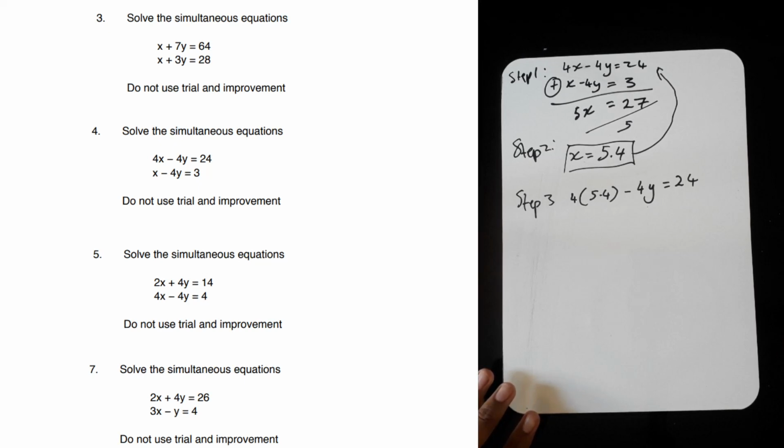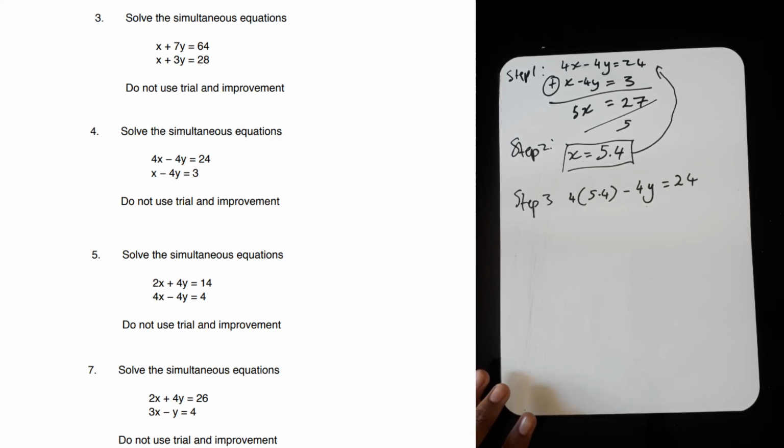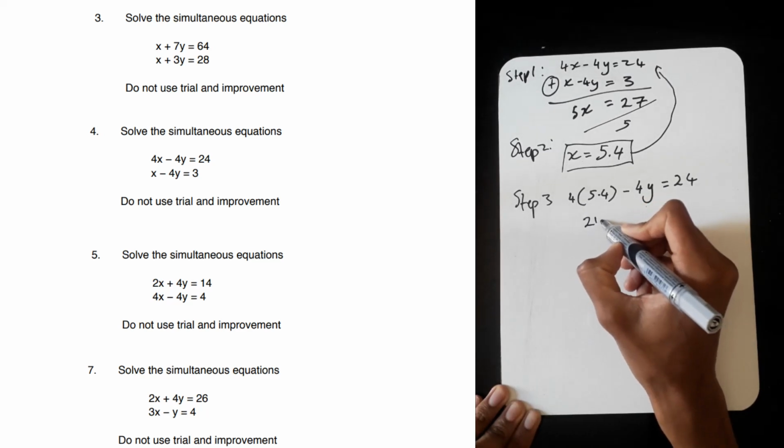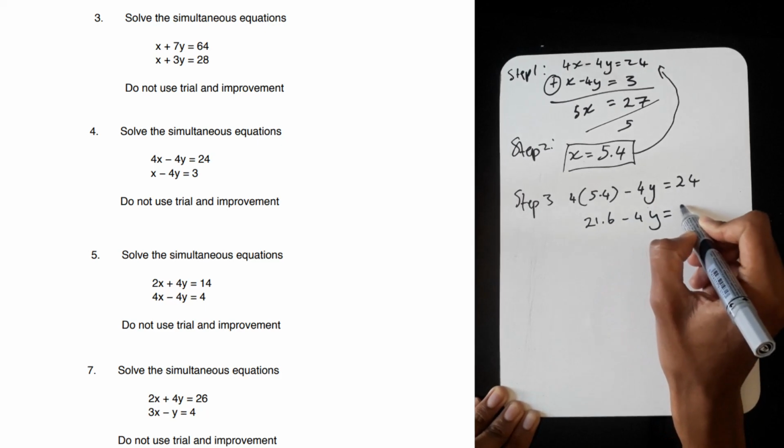Okay, so four times 5.4 will give you 21.6 minus 4y equals 24.